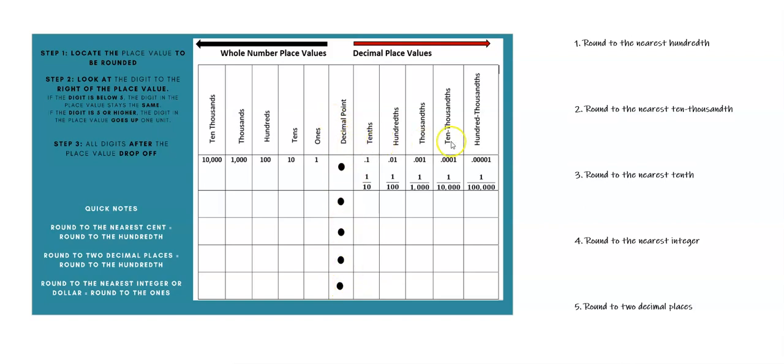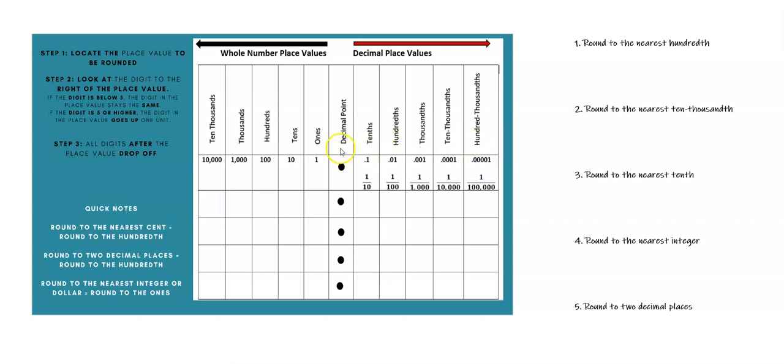To the right of the decimal point are our decimal place values, or we call this the fractional part of a number. So we have the decimal point, and then to the right tenths, hundredths, thousandths, 10,000ths, and 100,000ths. And it does continue to go on, millionths, and so on.